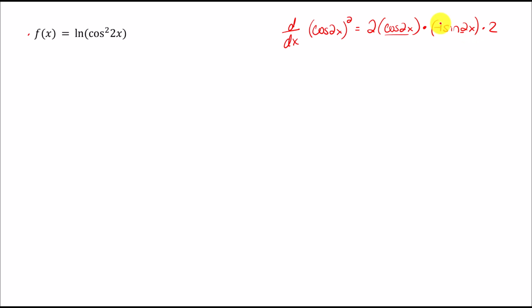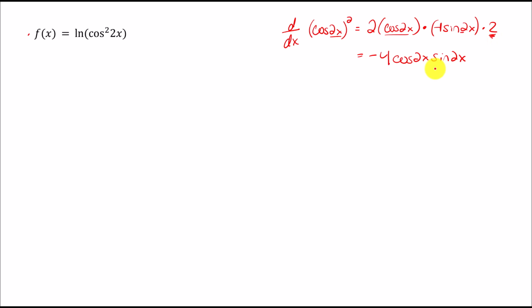Now, this is a negative 1, and this is a 2 and a 2, and those can all be multiplied together to get negative 4. And then I have cosine 2x sine 2x. So that's my derivative. I want you to notice that whatever started inside my trig right here, this 2x is always going to be inside. It doesn't change when I take the derivative. But a lot of people forget that 2 out there. So you've got to be really careful.